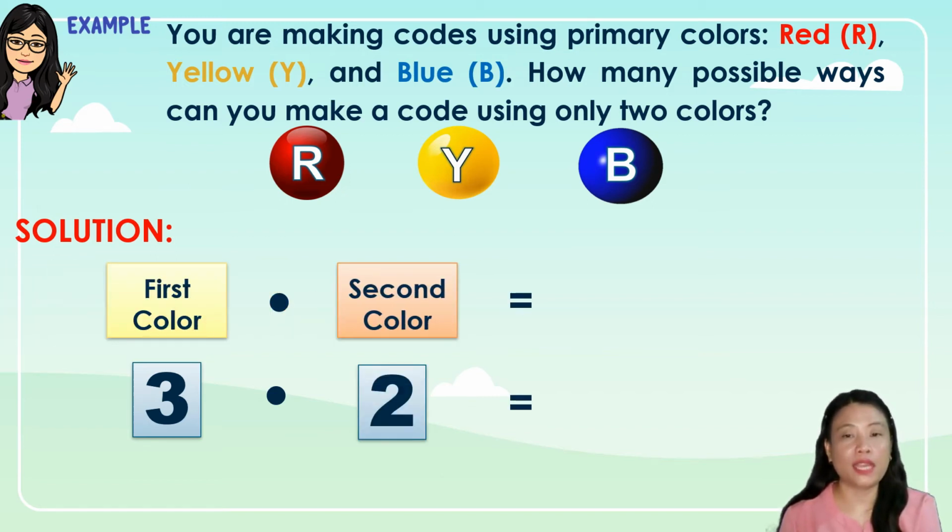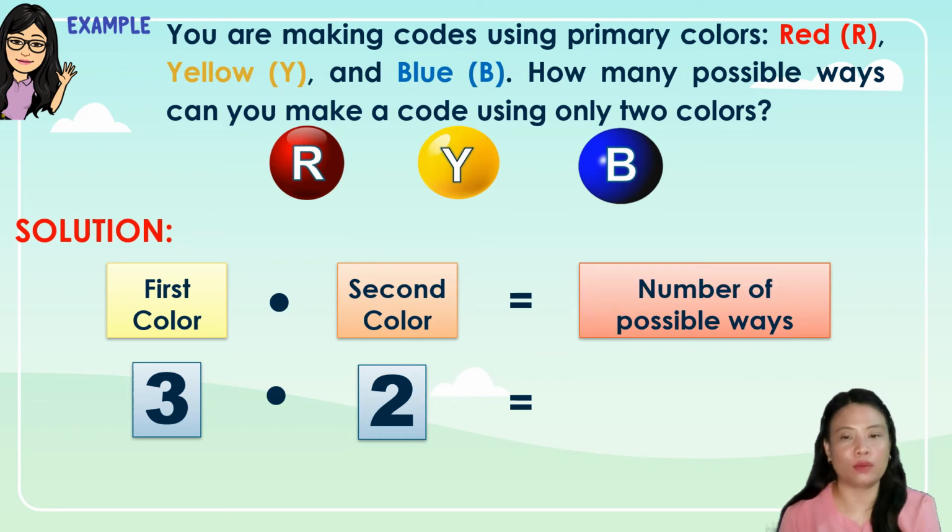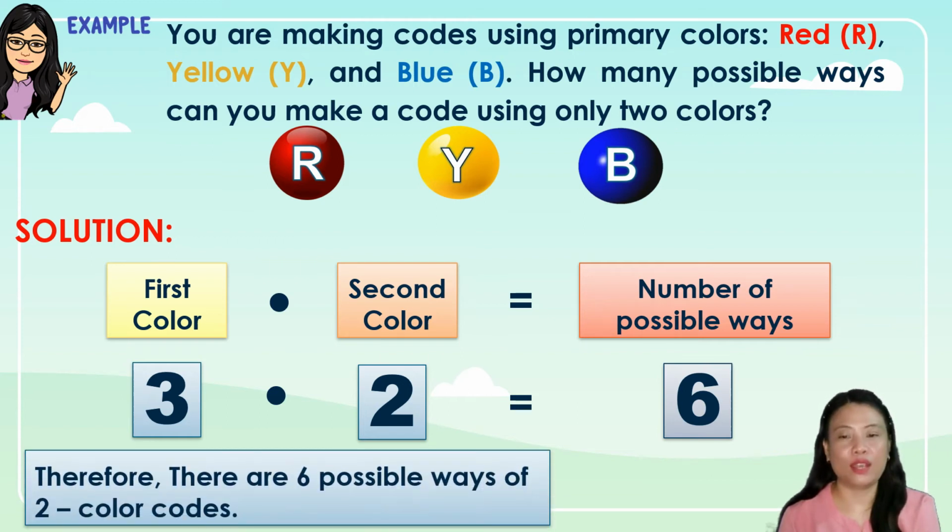While the second color can be filled in two ways only, since one color is already used for the first code. Using the fundamental counting principle, the two color codes can be formed in 3 times 2 equals 6 ways. Therefore, there are 6 possible ways of two color codes.